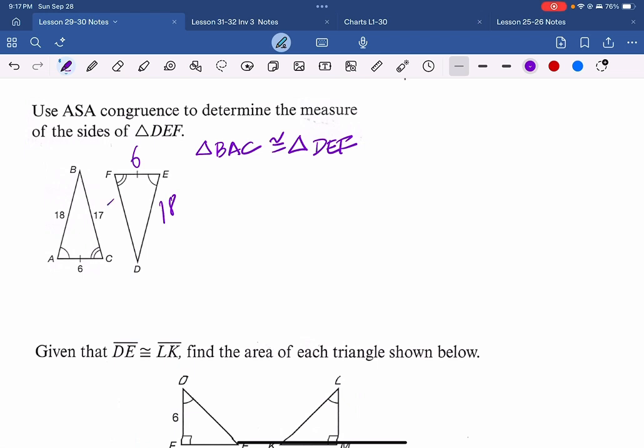And then obviously the last one is 17. So it says, use angle, side, angle congruence to determine the measure of the sides of triangle DEF. So here we have EF is equal to 6. DE is equal to 18, and DF is equal to 17.